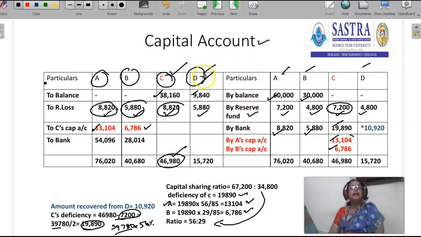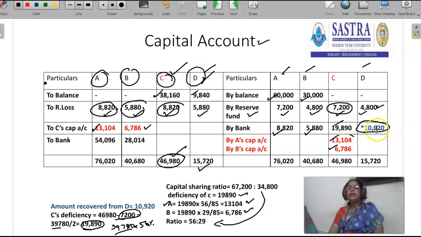Then let's see D's position. The debit balance of D is 15,720. The reserve fund standing here is 4,800. If we deduct 4,800 from 15,720, the difference amount is 10,920.